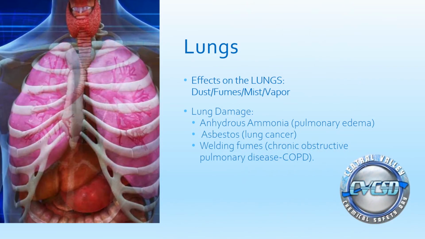Another way chemicals have an effect on your body is in your lungs. The dust, fumes, mist, and vapor that we have in our workplaces can cause lung damage. Working with anhydrous ammonia can cause pulmonary edema. Asbestos can cause lung cancer. Welding fumes can cause COPD.